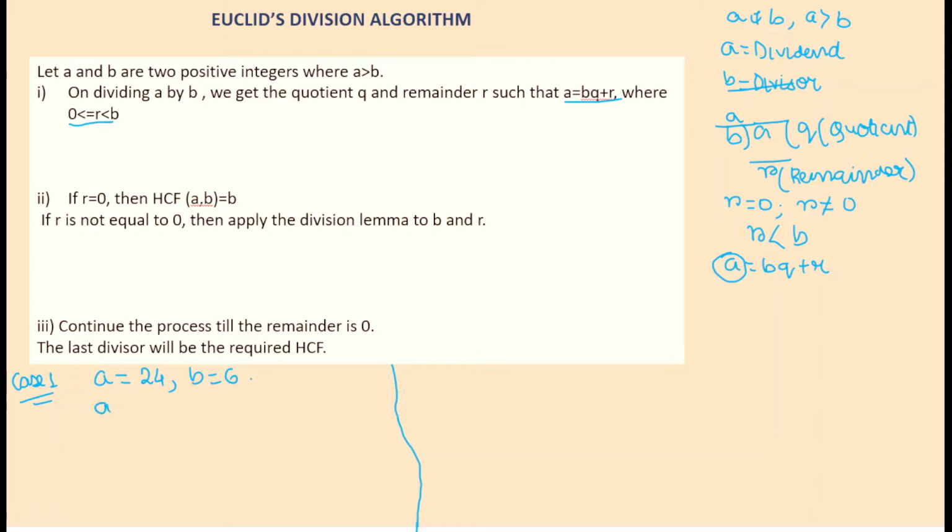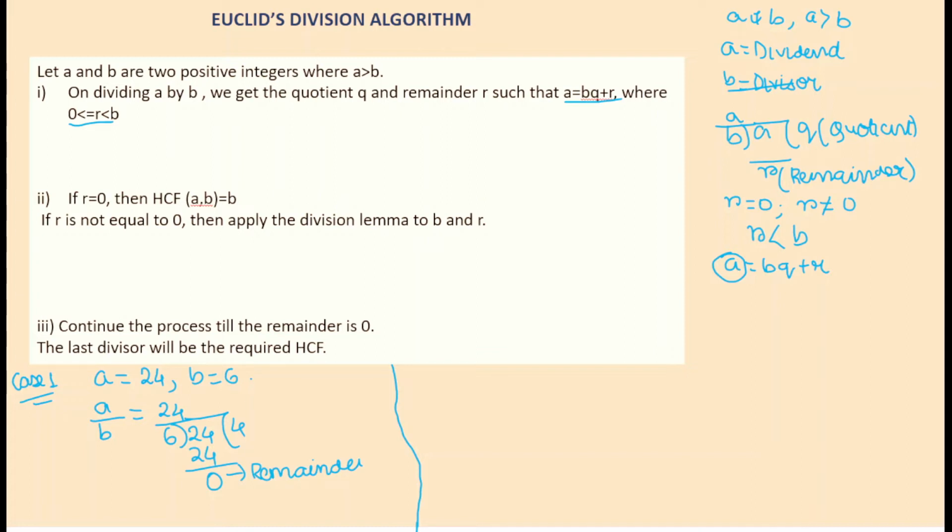Let me do A by B. 24 divided by 6: 6 fours are 24, so the remainder comes as 0. Here the dividend A is 24 and the divisor B is 6.